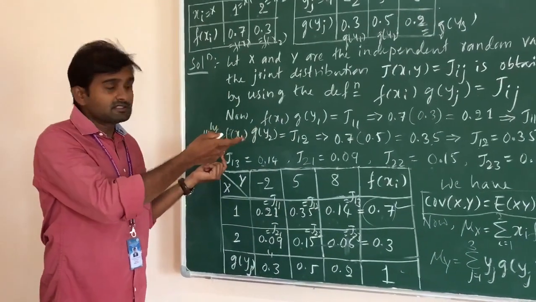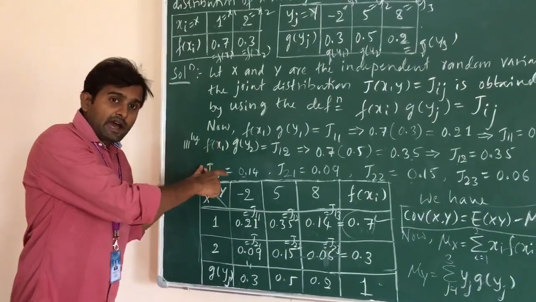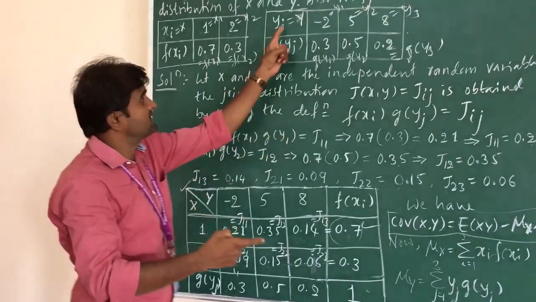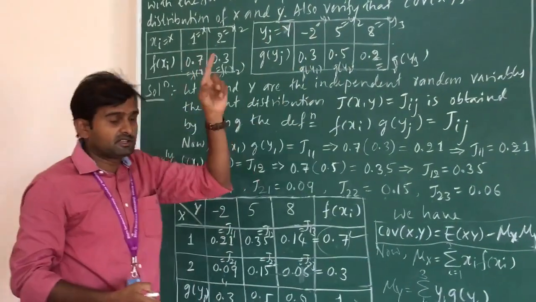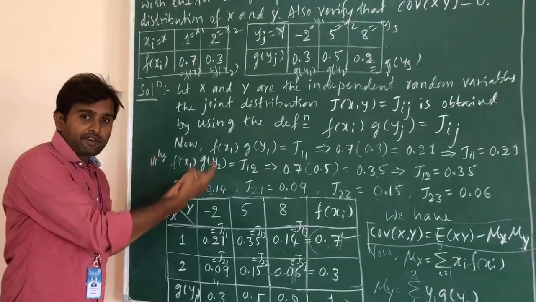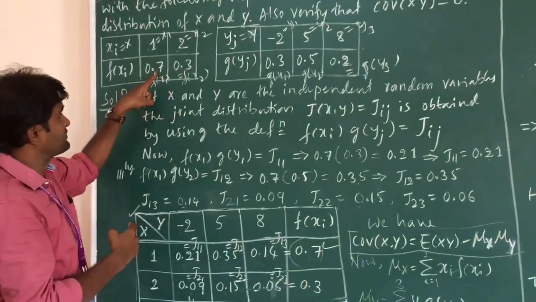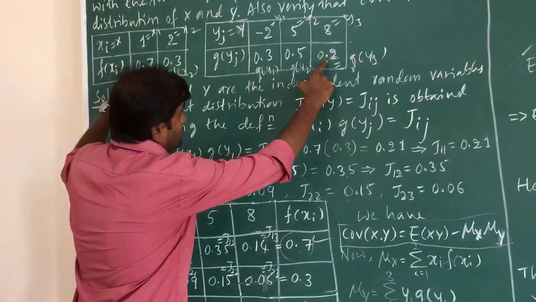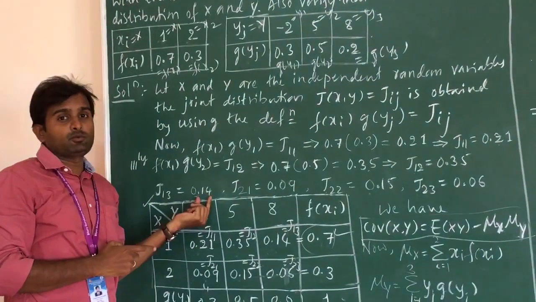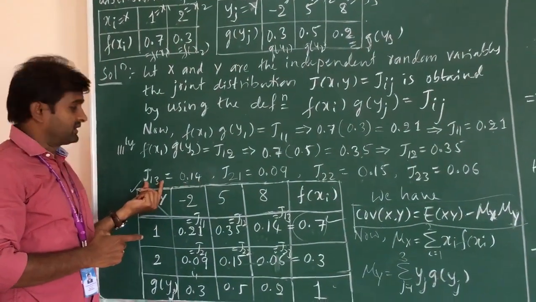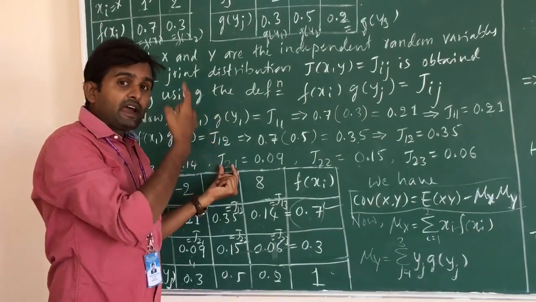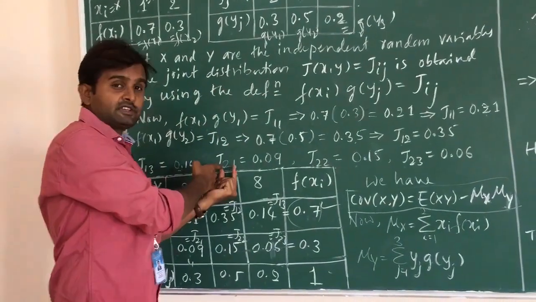Next, i is 1, j is 3, because y has 3 data. So f of x1 into g of y3, 0.7 into 0.2, which is 0.14, so J13.